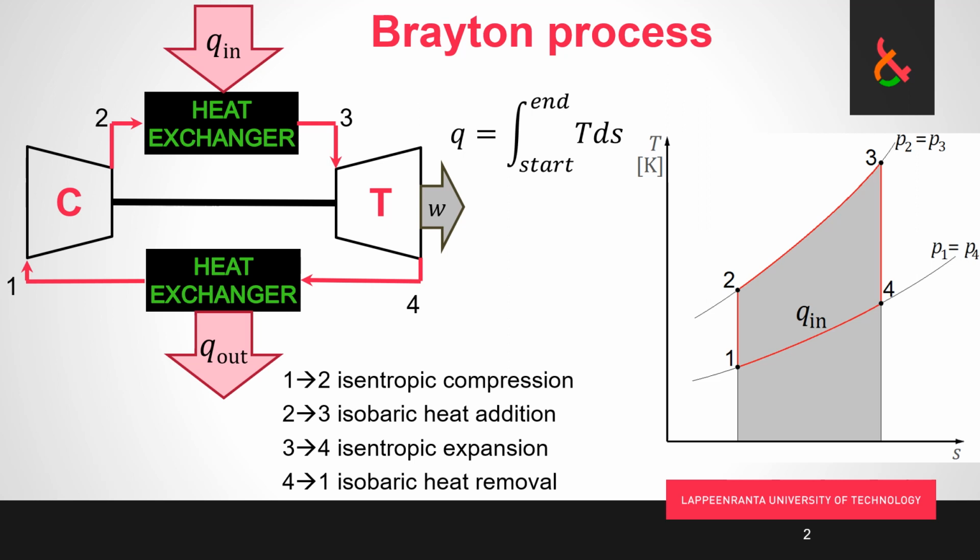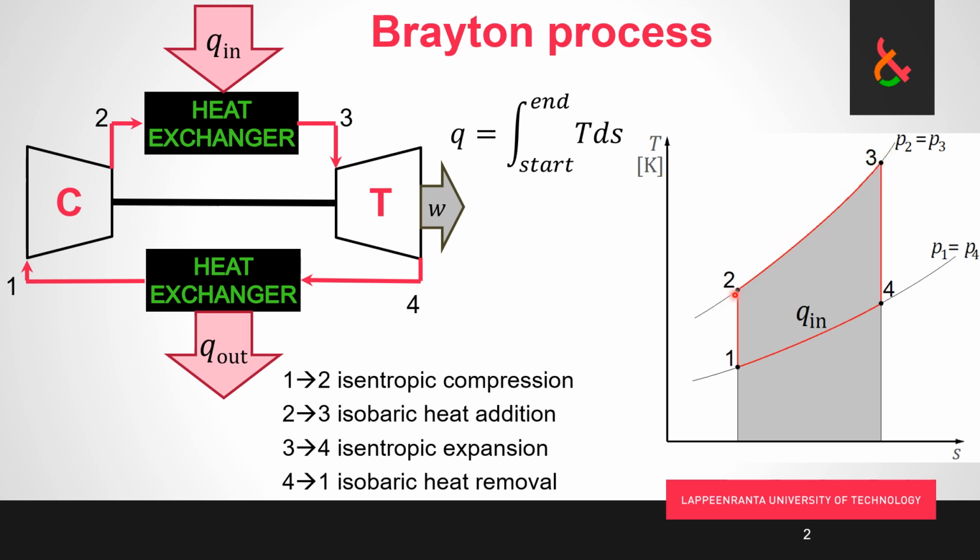So remember from the very first lecture that the definition of heat input, when we draw the process in the TS chart, is basically the area. So if we do it as a definite integral from the beginning of heat input here at point number 2, and then we keep increasing the temperature by bringing more heat, we end up at point number 3.